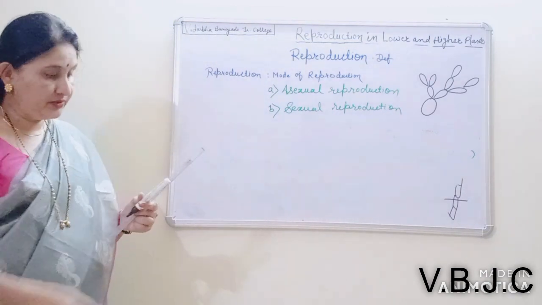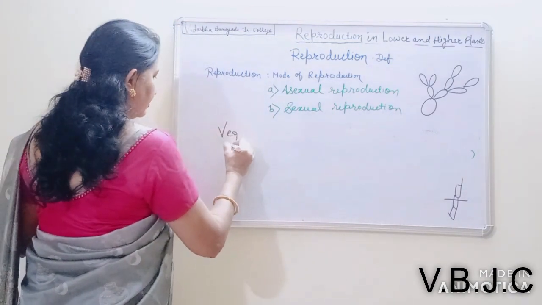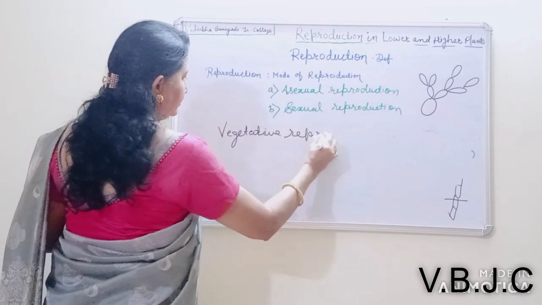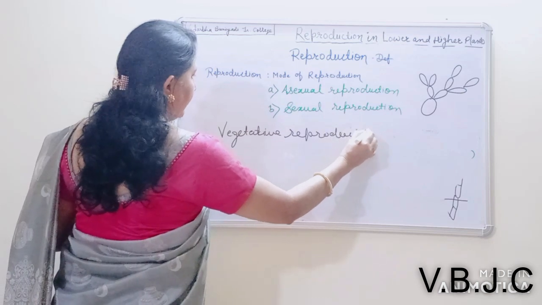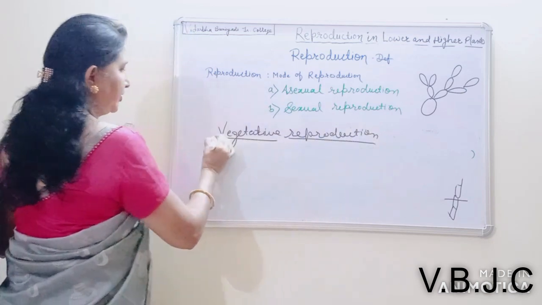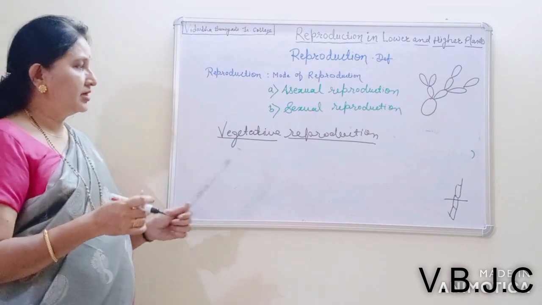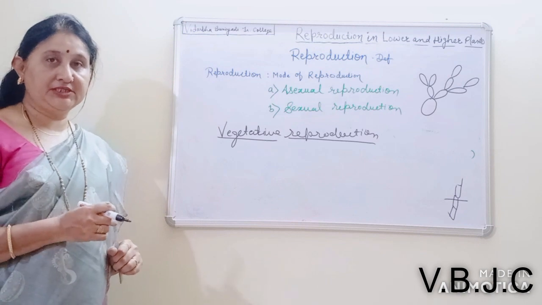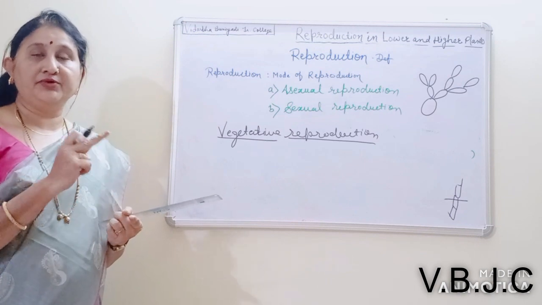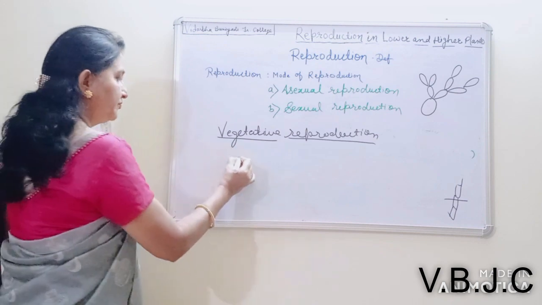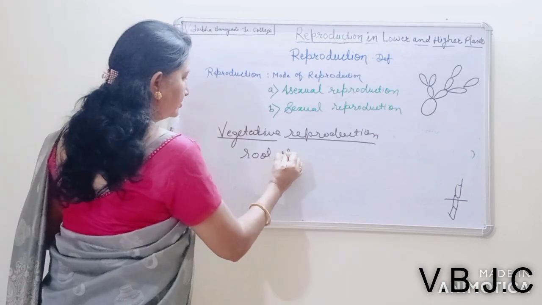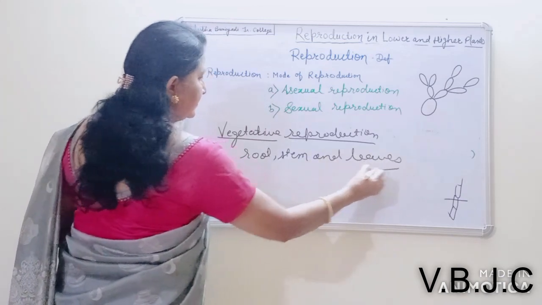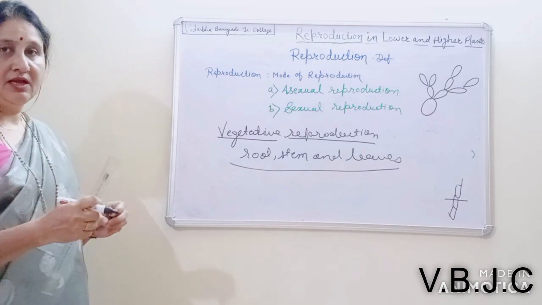Vegetative reproduction is one of the types of asexual reproduction. Vegetative reproduction means the reproduction takes place by a vegetative part of a plant, maybe root, stem or leaves, which are known as propagules.